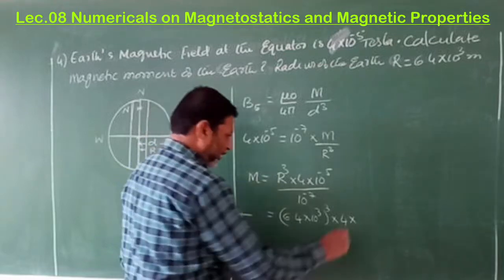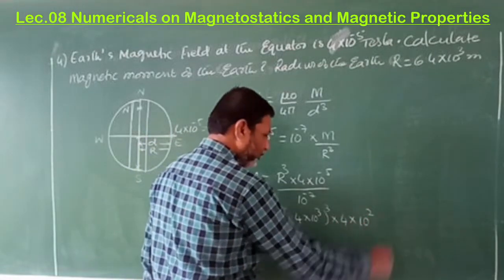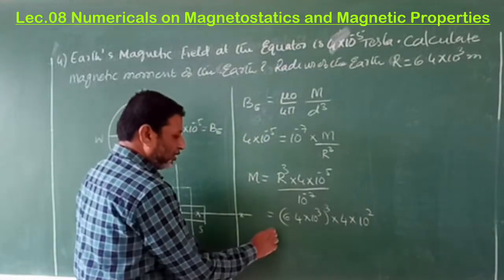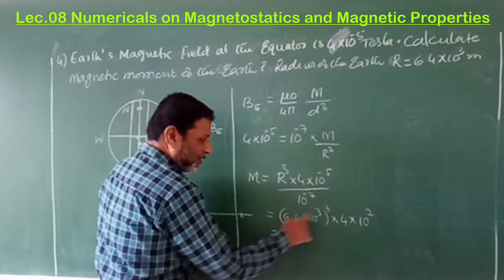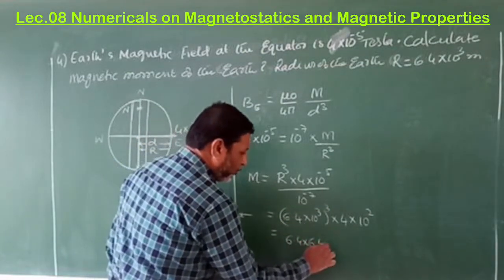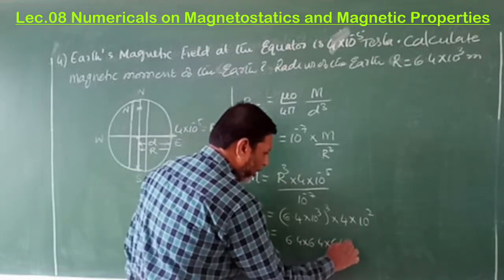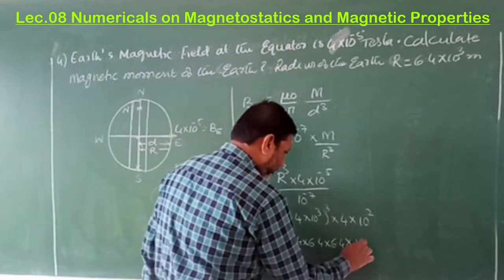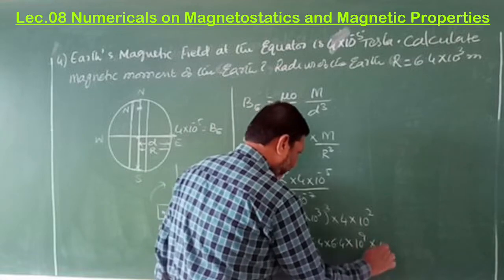Plus 7 minus 5 is 10 raised to plus 2. Since this is a cube, you can write it as 6.4 into 6.4 into 6.4 into 10 to the power of 9 into 10 raised to 2.